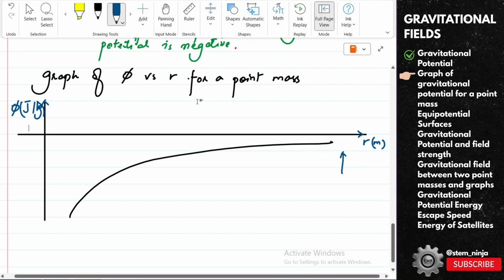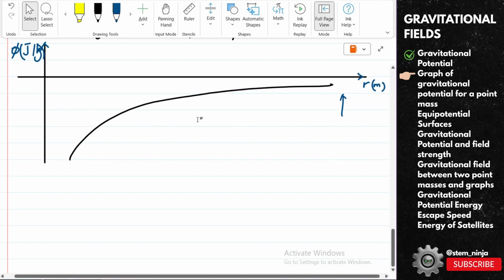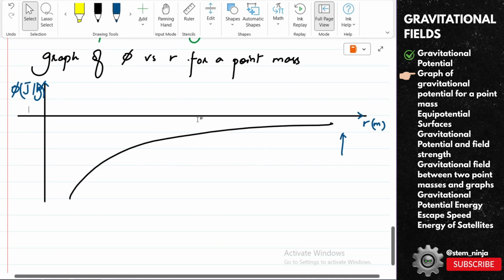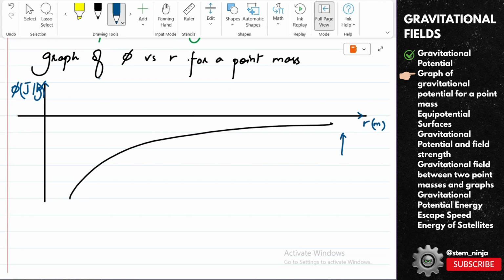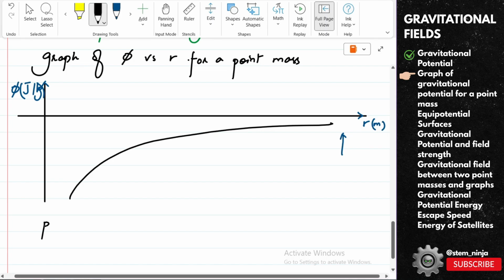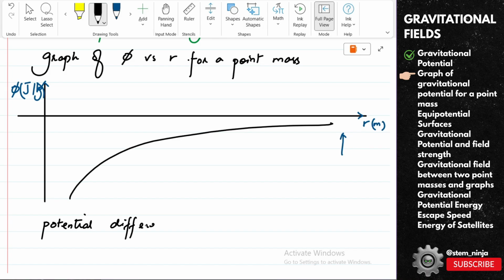Okay. This also illuminates a few things for us, namely the potential difference. Okay, so potential difference between 2 points. So let's say, for example, this is point R1 over here, and this is point R2, where R2 is greater than R1.